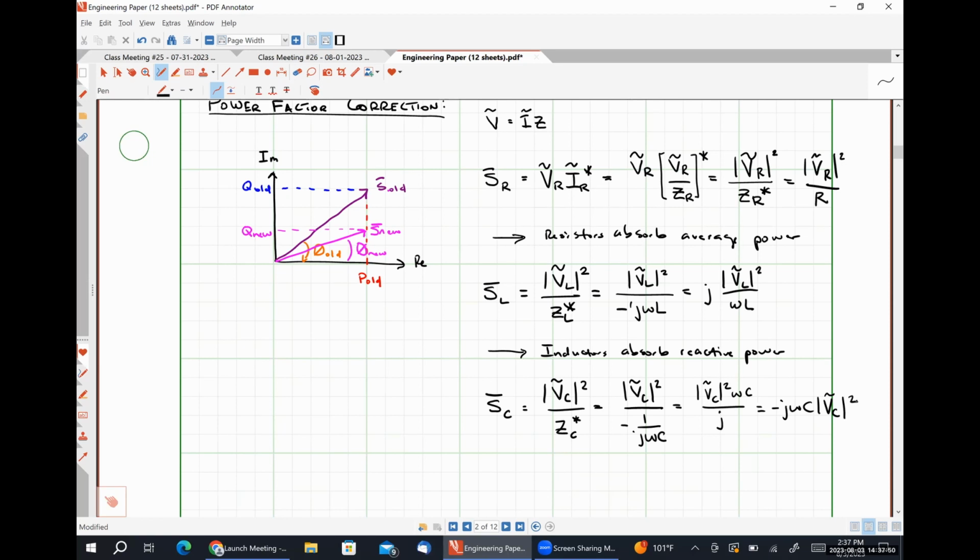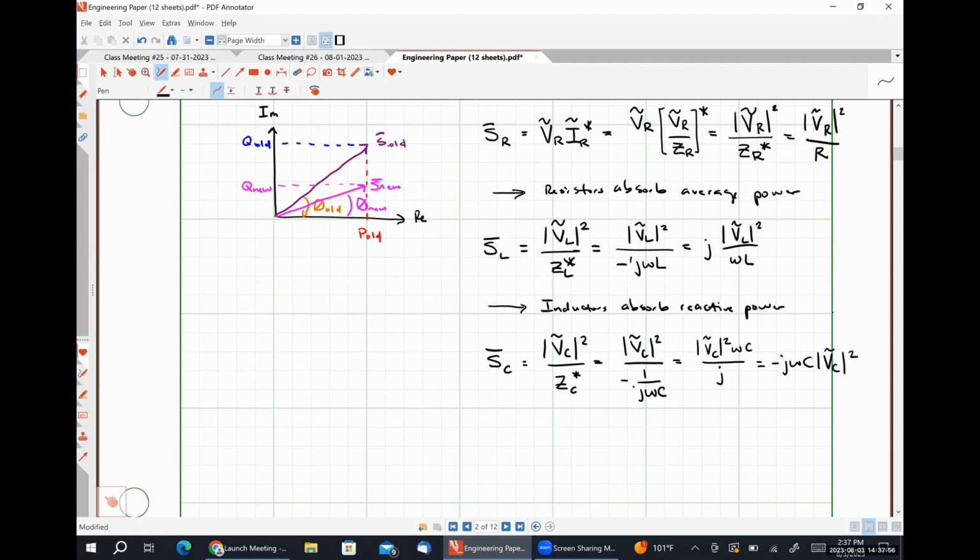So we can see here that whenever we introduce capacitance, it is going to supply reactive power, which is going to make Q smaller because it's adding negative reactive power. So if we were to introduce a capacitance into our system, we would be able to correct the power.